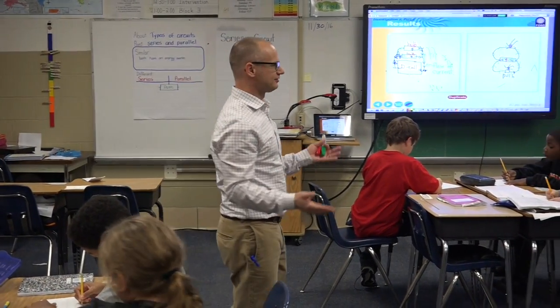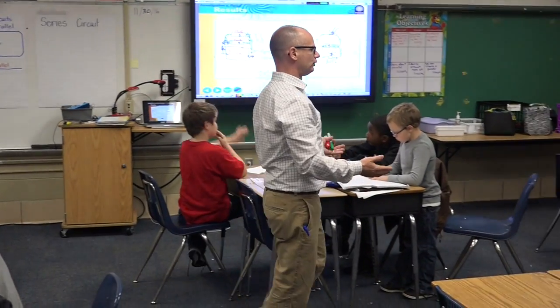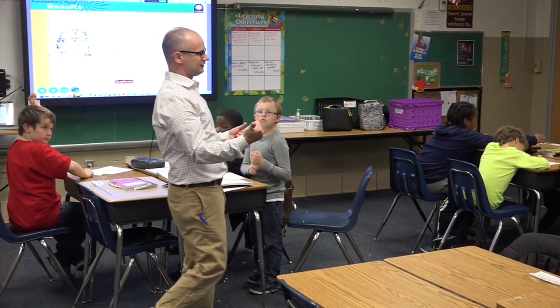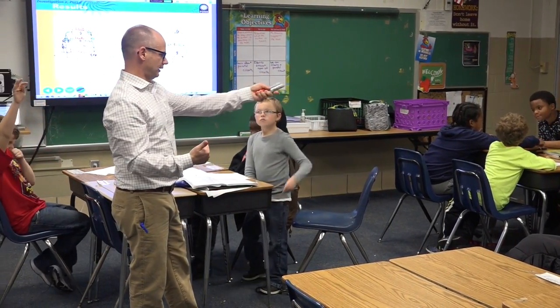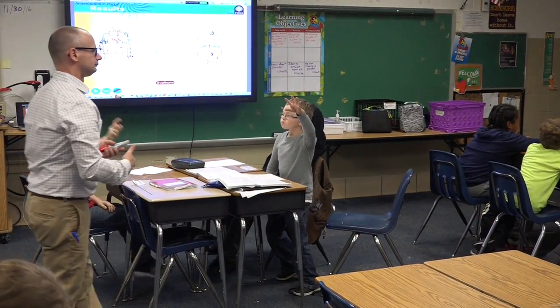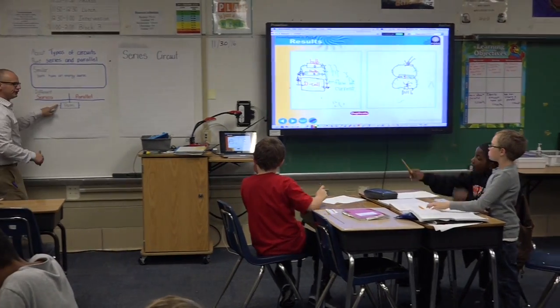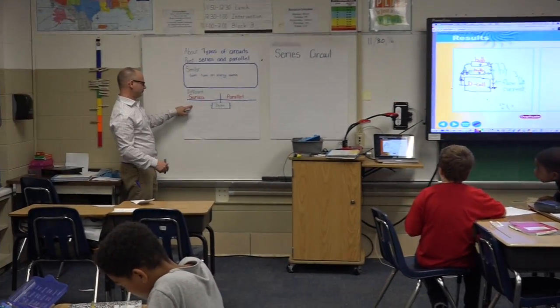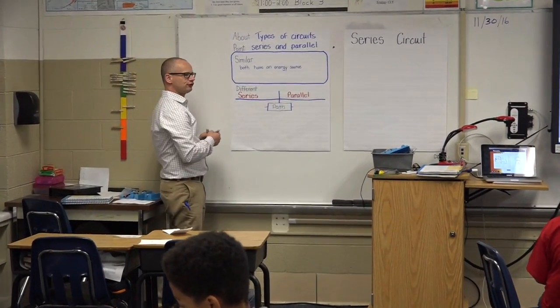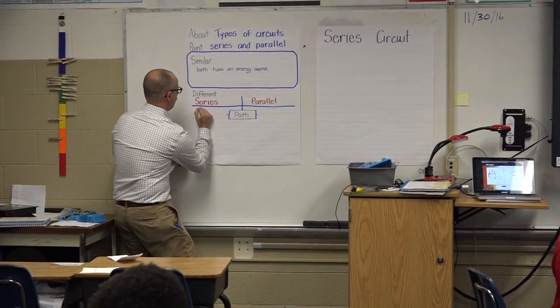How is the path different now? What's the path like in a series? How is it different in a parallel? In the series, there's only one path. In the parallel, there's more than one. Very good. So next to the word path, underneath series, we're going to say there is one.